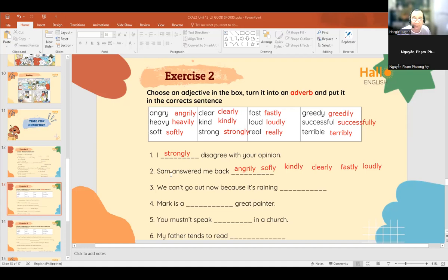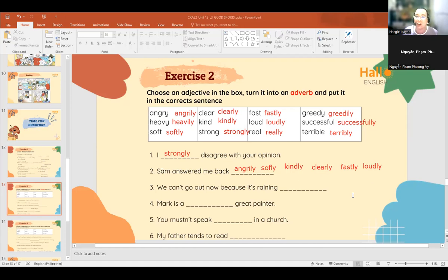So it could be Sam answered me back angrily. Sam answered me back softly. Sam answered me back kindly. Sam answered me back clearly. Sam answered me back fastly. Or Sam answered me back loudly. It depends on the situation.